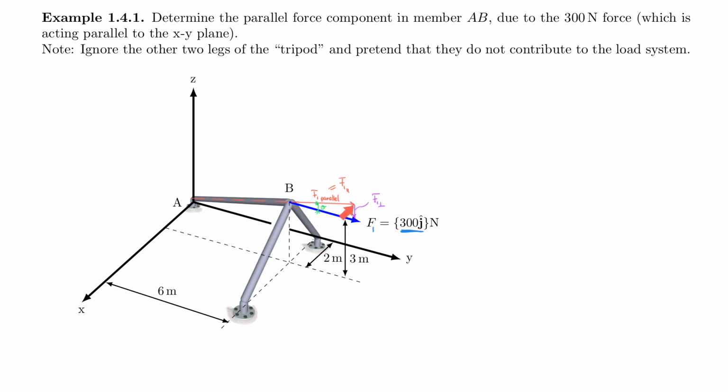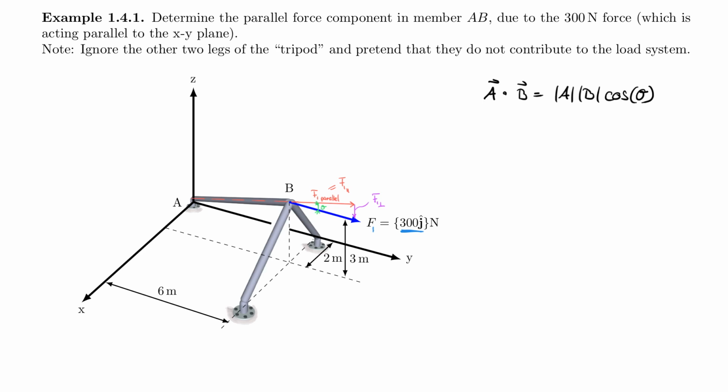If your force would be acting perfectly perpendicular, then you don't have a parallel component. But any other force, like this one here, would always produce a parallel and a perpendicular component. So let's calculate that. Because remember, I write it once again, A dot B is equal to A B cosine theta.